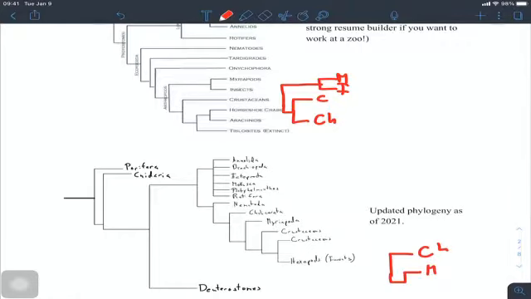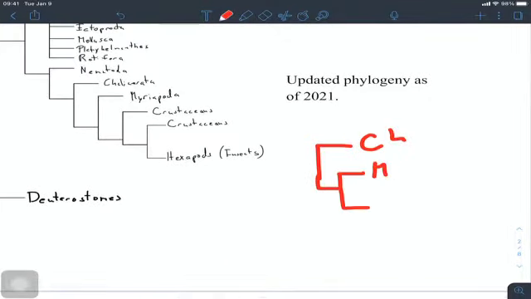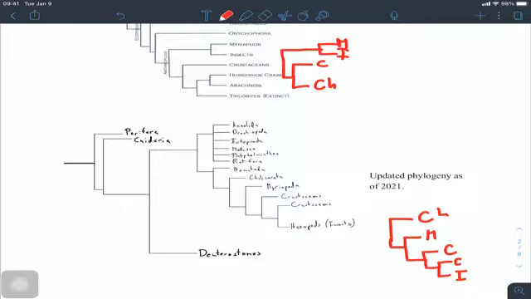We have the myriapods now more closely related to the chelicerates. And then within that, we have several different groups of our crustaceans. And then insects are lumped in within the crustaceans in something called Pancrustacea. So the relationships as of 2021 are very different compared to what we see even just a few years ago.